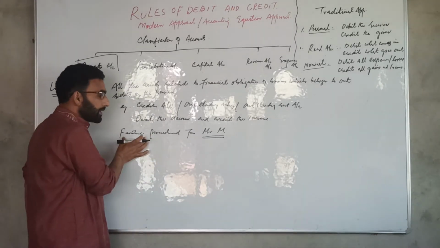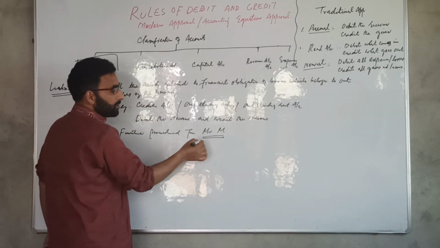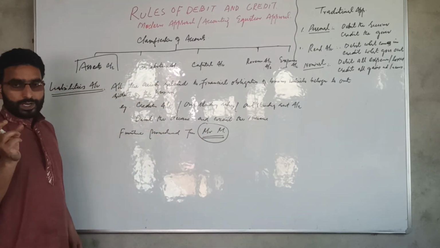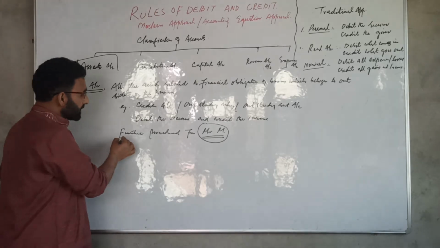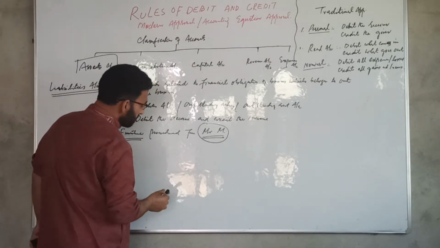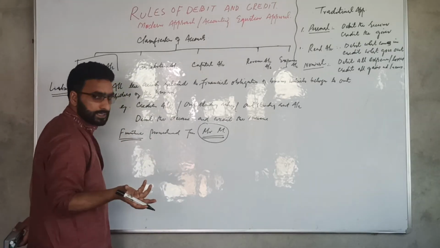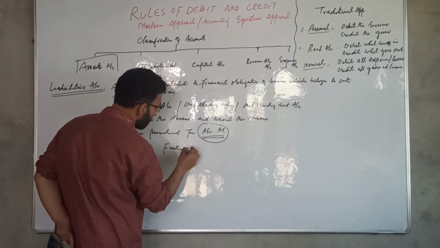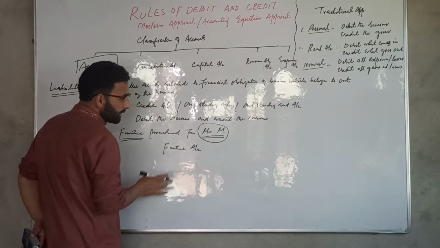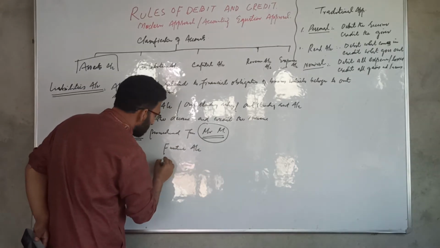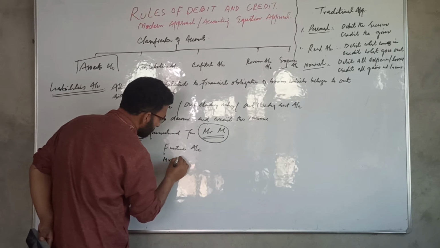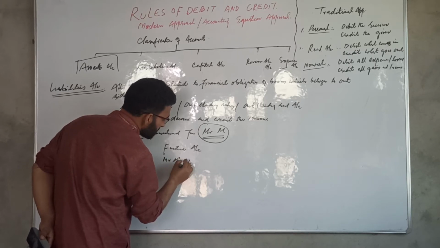The business has purchased furniture from Mr. M, so Mr. M is the creditor here. Two accounts are involved. One is the furniture account. Business got furniture, furniture is an asset, so we write furniture account. Another account involved is Mr. M's account. Mr. M is the creditor here.